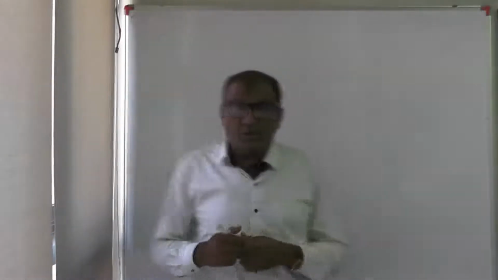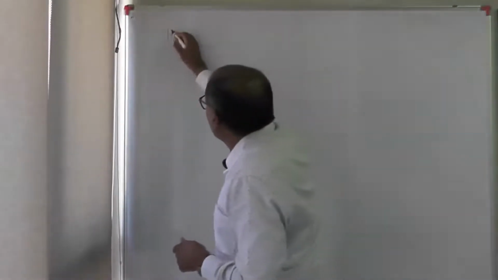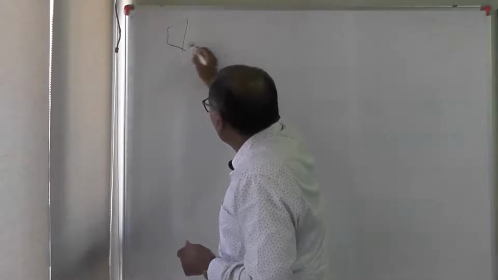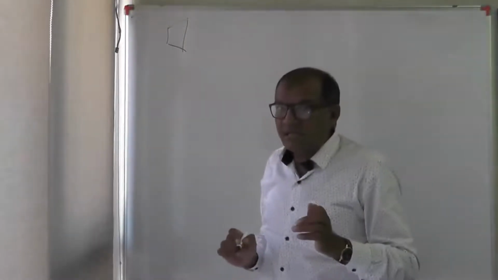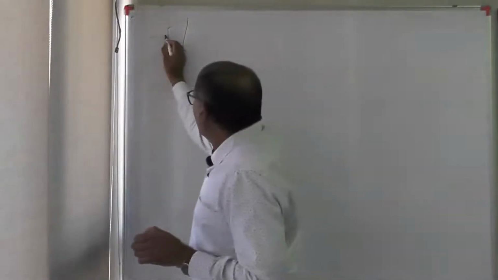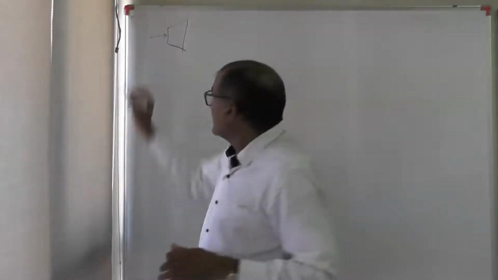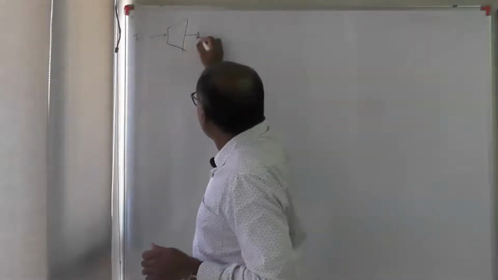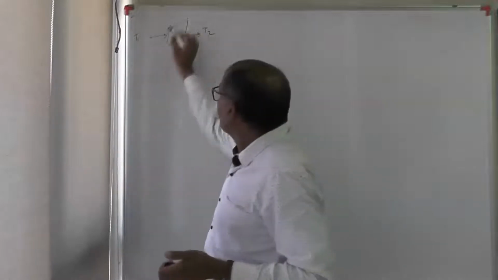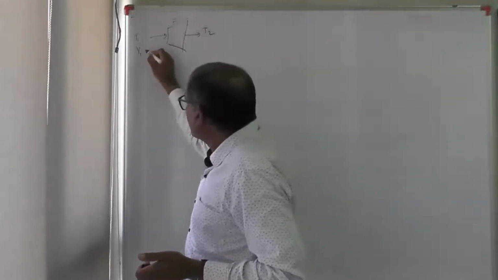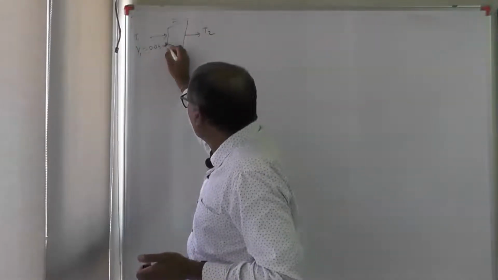First let me draw the expander. According to the problem statement, a real gas is expanded isothermally, that is T1 is constant, equal to T2, and the initial volume is given as 0.04 meter cube.